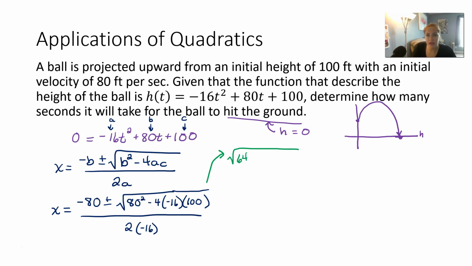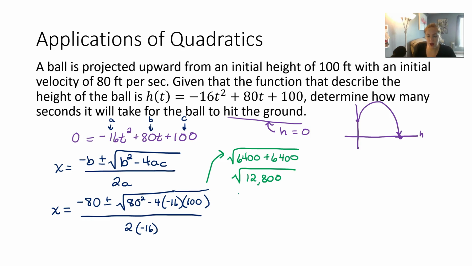So 80 squared is 6,400. And then this looks like negative 4 times negative 16 times 100 is a positive 6,400 as well. So if we go ahead and add these two together, 12,800, take the square root.